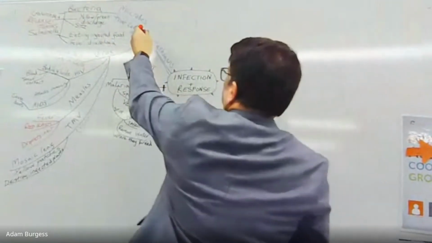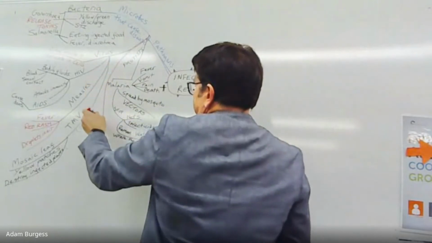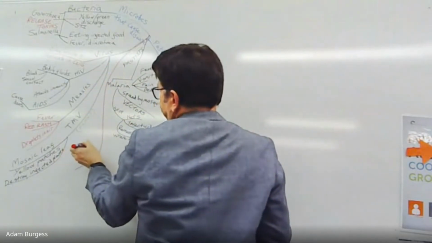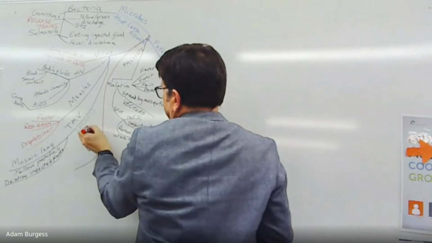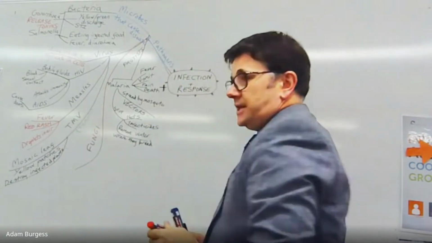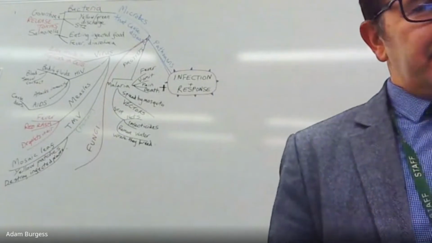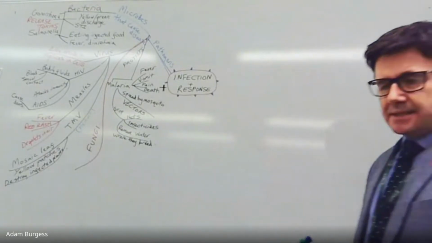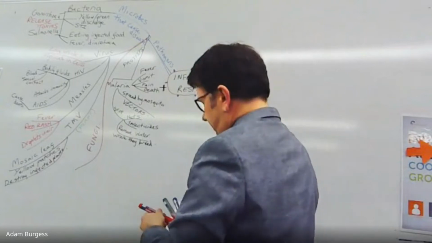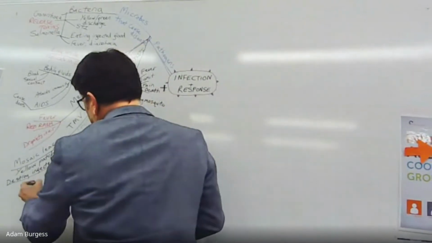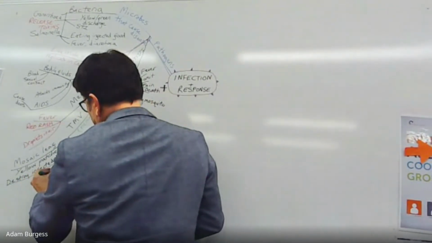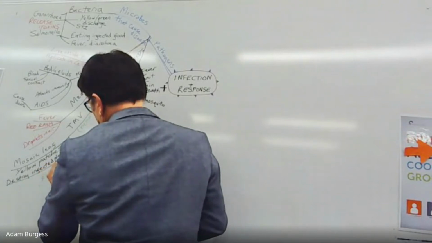Okay, and then the last one is the fungi. With fungi, you can get athlete's foot, which is not very nice, but in plants there's another plant disease you need to know about, which is rose black spot.